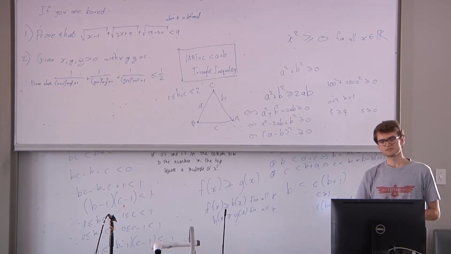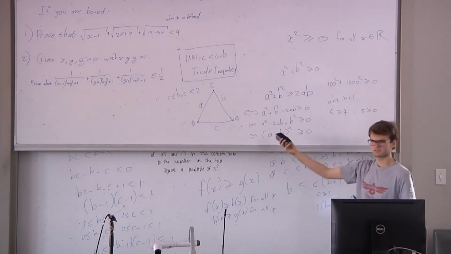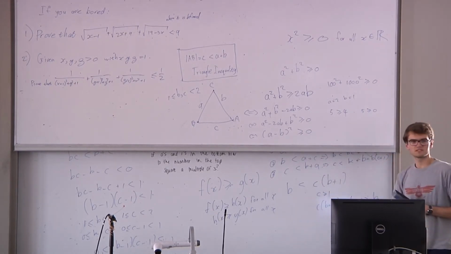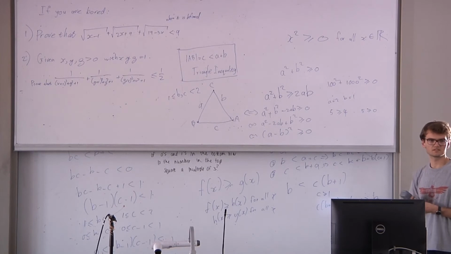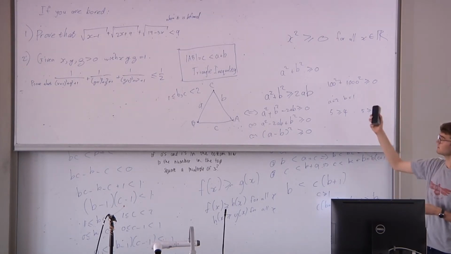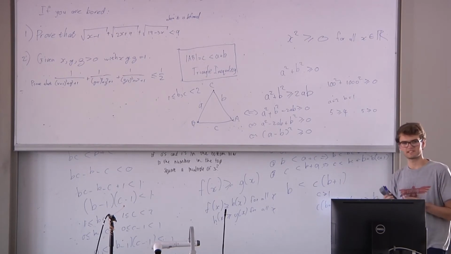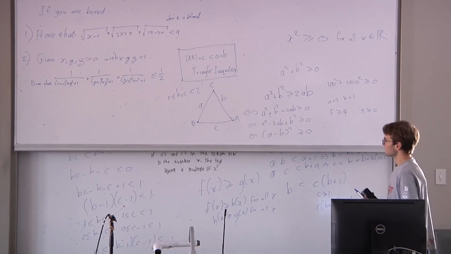I wouldn't say every single inequality. For instance, the triangle inequality isn't directly, but for most Olympiad questions, you can use some clever argument to reduce it to some x squared greater than or equal to 0 for a clever choice of x. Okay.